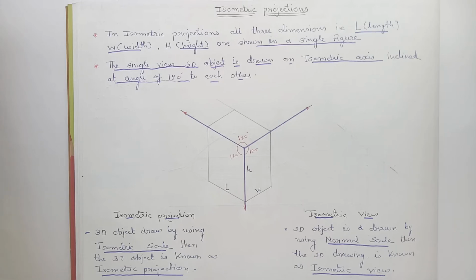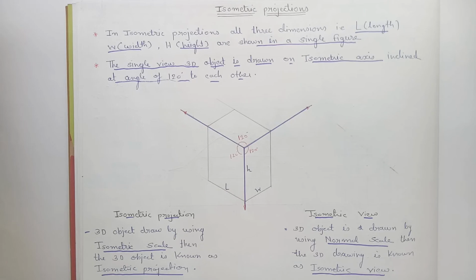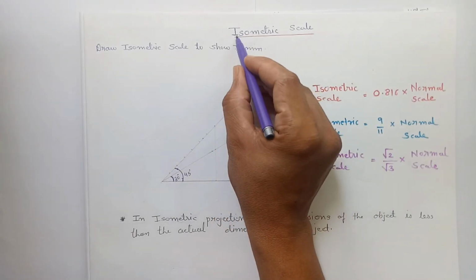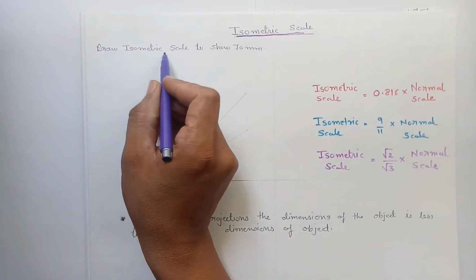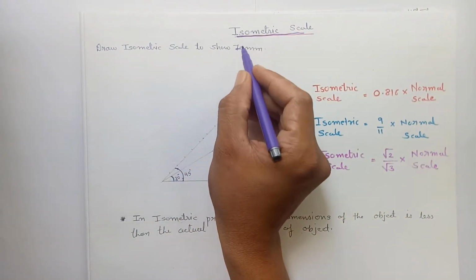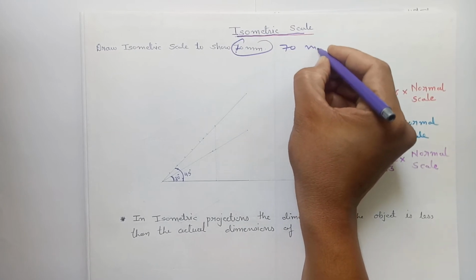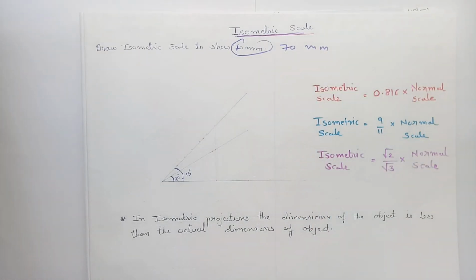So what is the difference between the isometric scale and the normal scale? To understand the difference, let us discuss the isometric scale. Here it is given: draw an isometric scale to show 70 mm, or draw the isometric scale of length 70 mm.